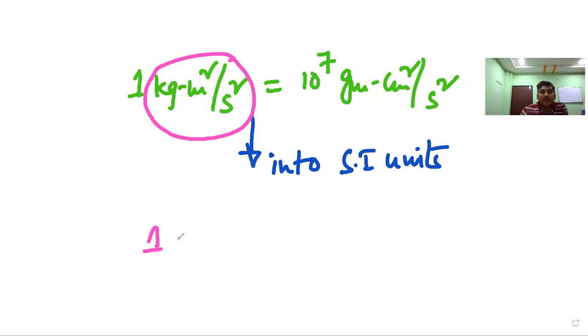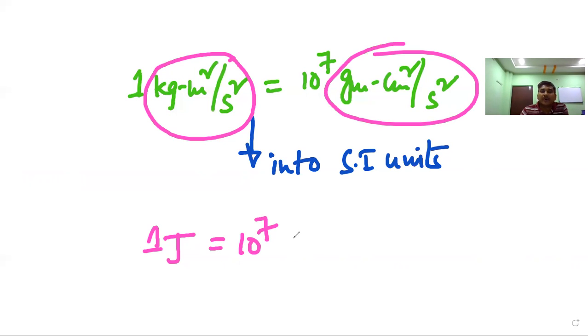So 1 joule, J stands for joule, is equal to 10 to the power of 7 ergs.